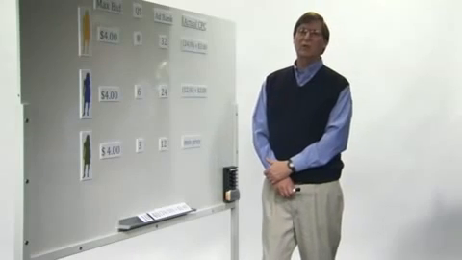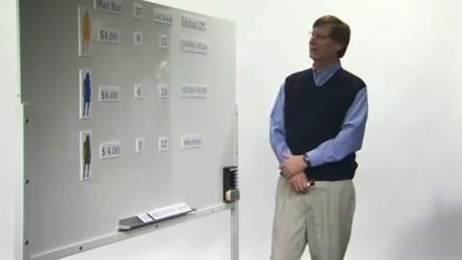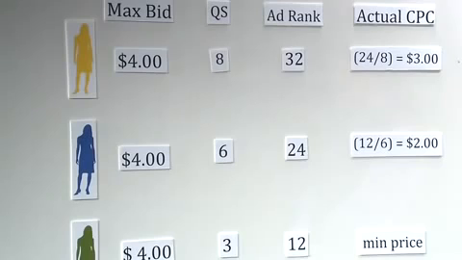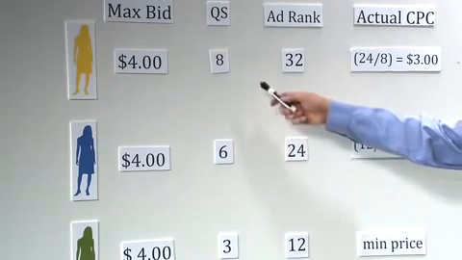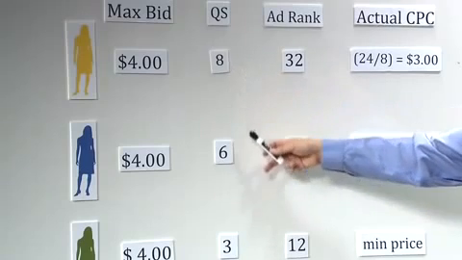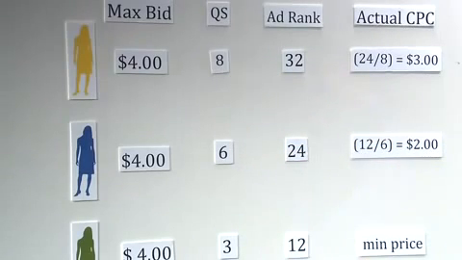So let's see how this works in a slightly more complicated example. Here we've got 3 advertisers, and they're each bidding the same price. So we've got max bid is $4 for each of them. But they have different qualities. In this case, the quality is 8, 6, and 3.